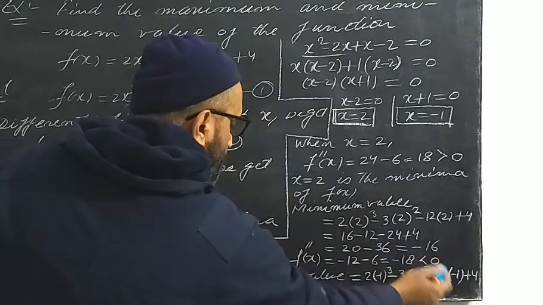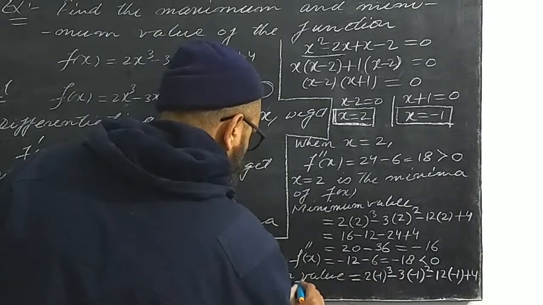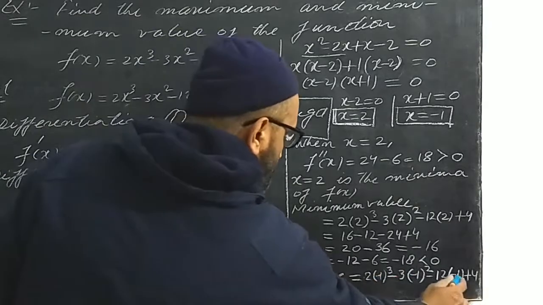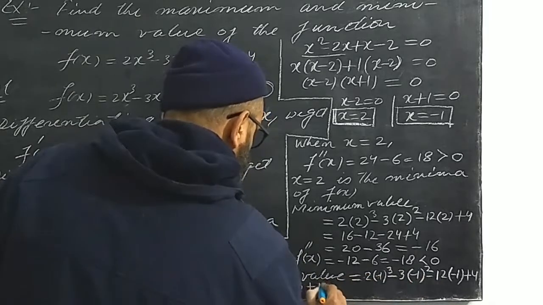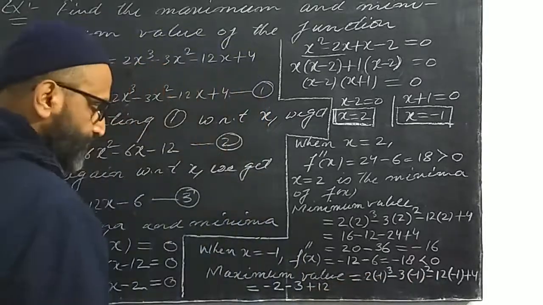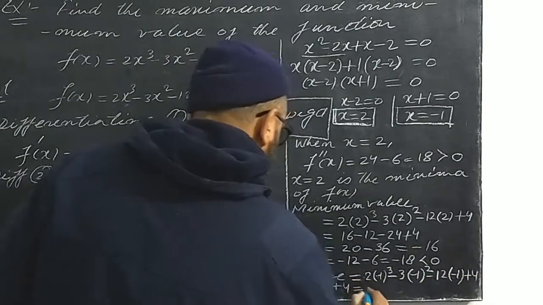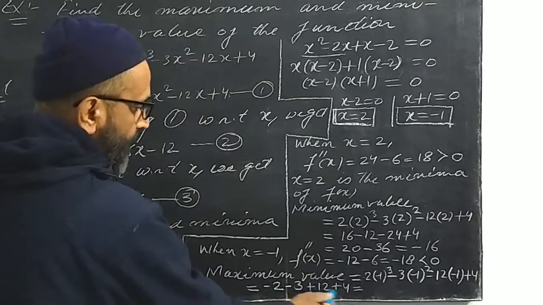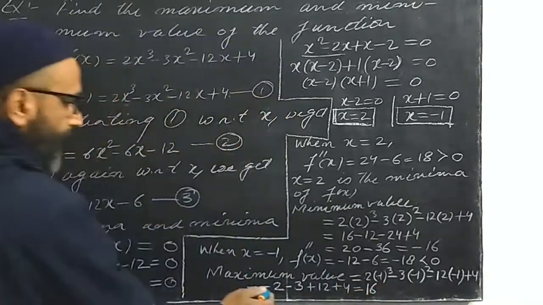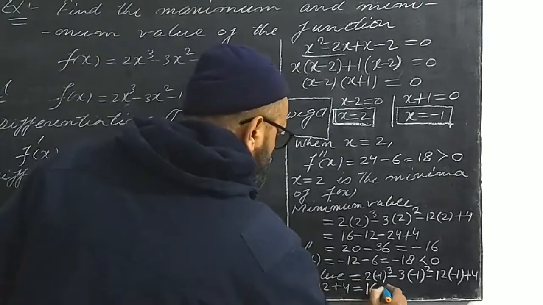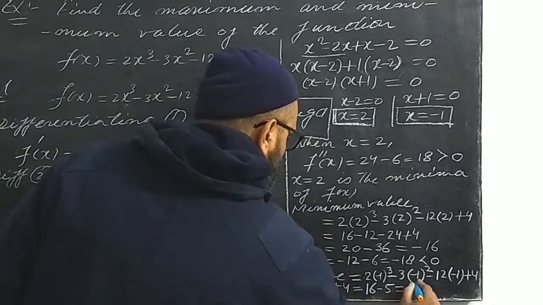And here minus 1 square is plus 1, and plus 1 into minus 3 is minus 3. And here minus 1 times minus 12 becomes plus 12, so we get plus 12 and plus 4 as it is. So as you see, the 12 and 4 are positive, should be added, we get 16 positive, and minus 2 and minus 3 becomes minus 5. So 16 minus 5 is equal to 11.